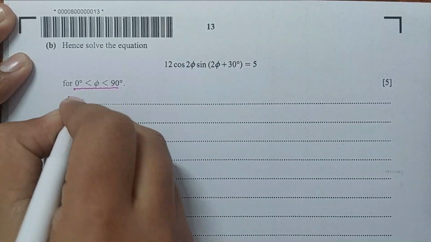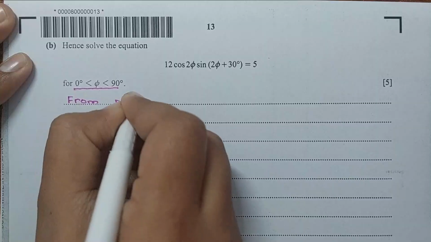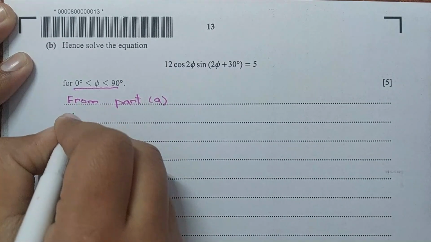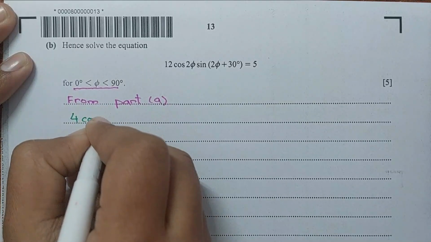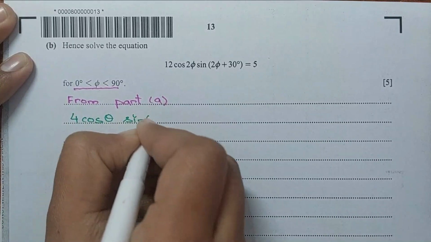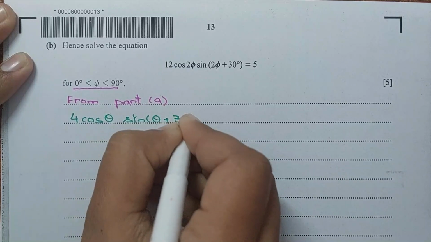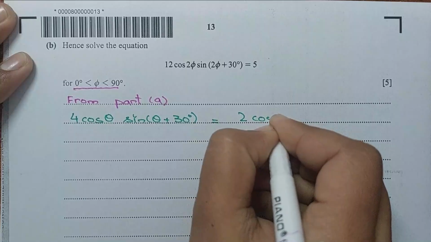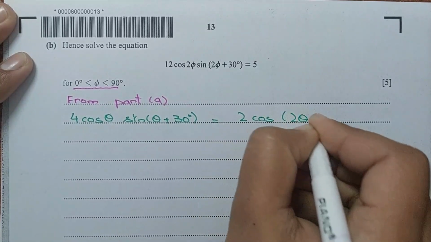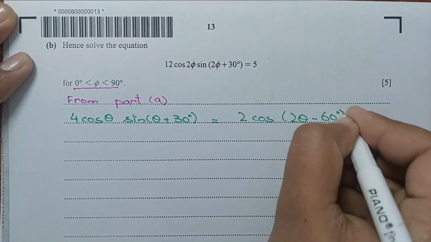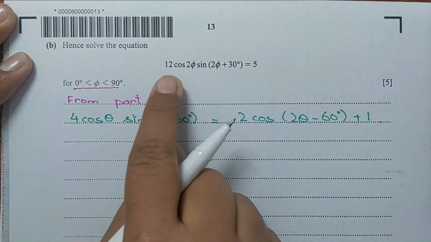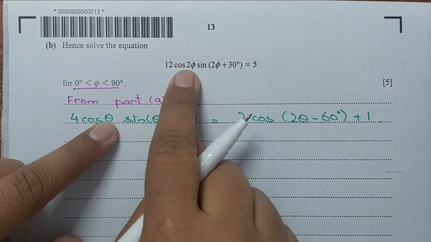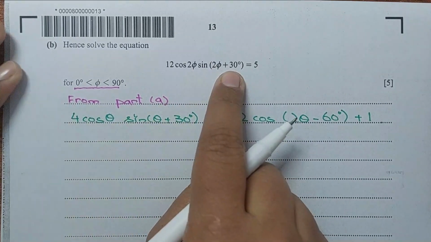From part A, we know that 4 cos theta sine theta plus 30 degrees should be equal to 2 cos 2 theta minus 60 degrees plus 1. Okay, now here we have, it's not 4, it is 12, and theta is 2 phi, this theta is also 2 phi, and this is 30.